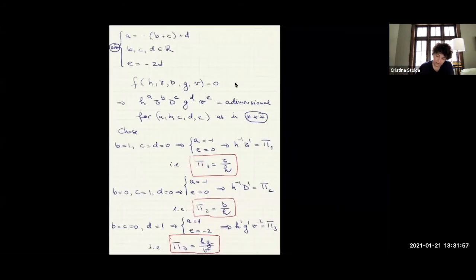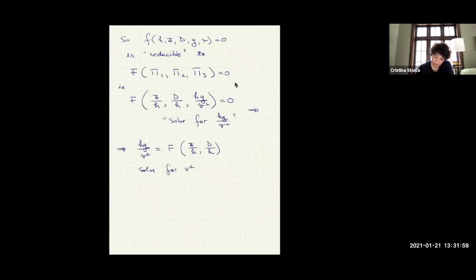Coming back here, we got to gh over v squared equals some function f of time over h and d over h. So for v squared, let's see where we get. We're going to end up with v squared equals hg.